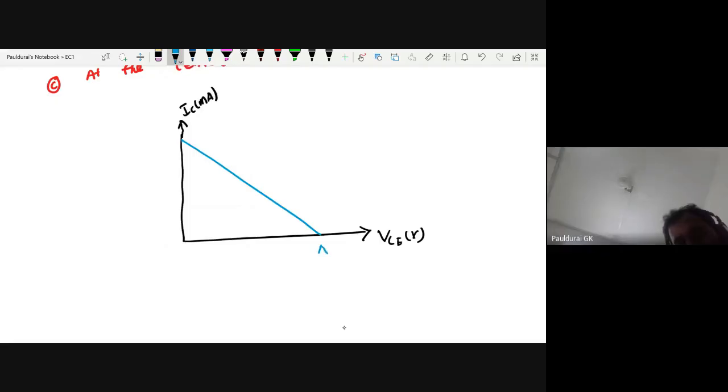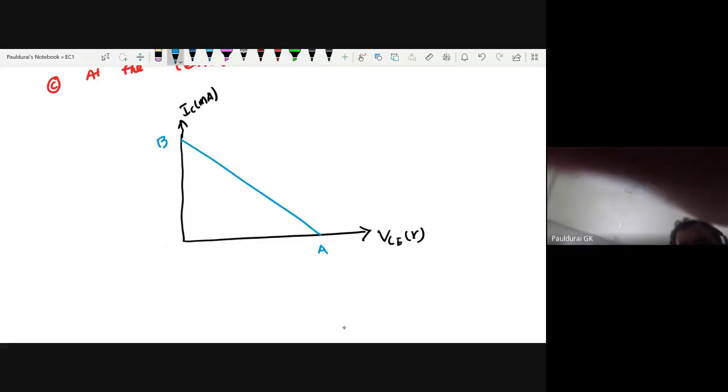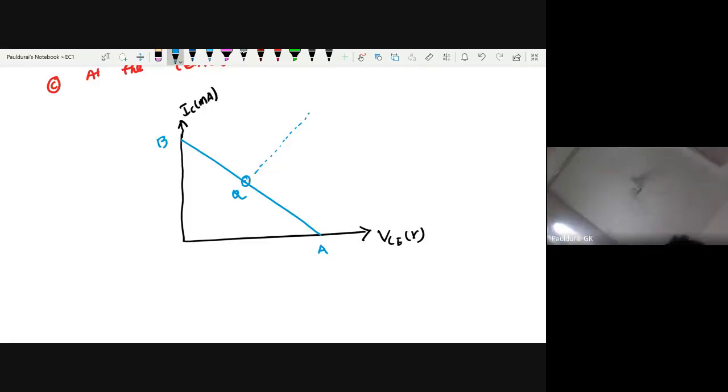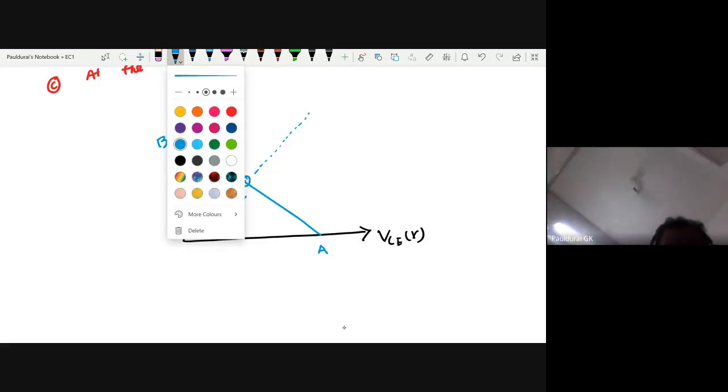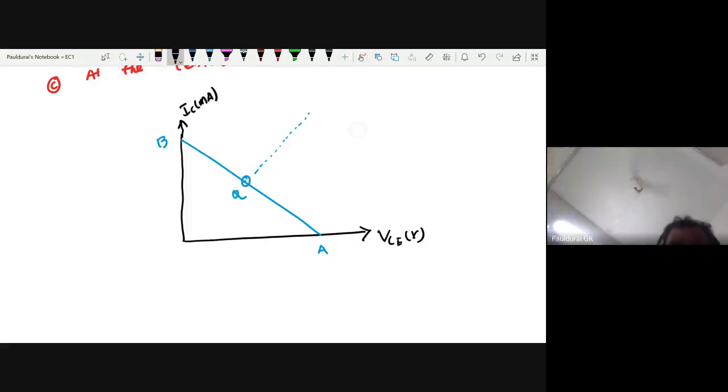Take this point as A and this point as B. Where will you choose your Q point? At the center. It will act as the reference point for your signal.